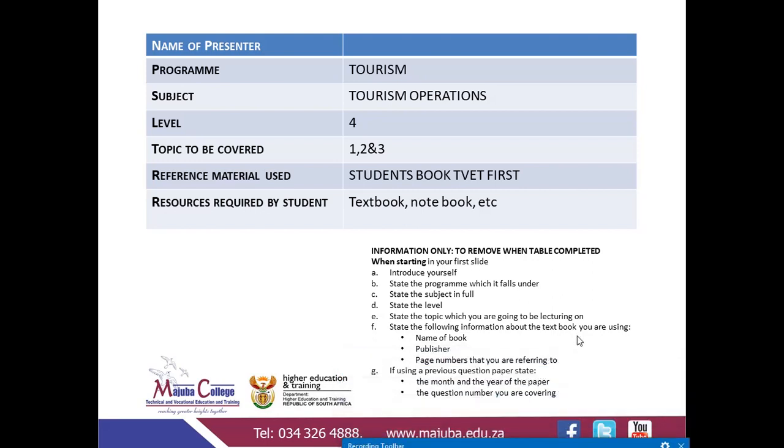The material that is needed there: the student TVET first book, and you'll need a notebook, etc. In future, when we deal with the second chapter of the course, you'll also be needing a calculator for calculation purposes.